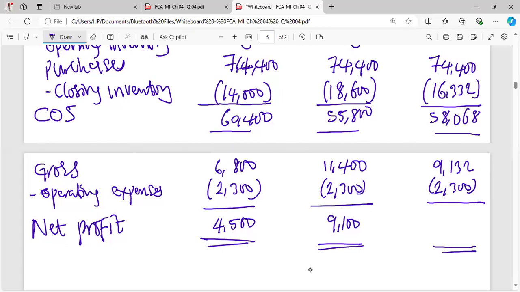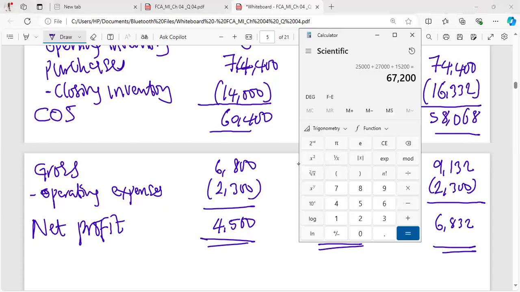This will give us 6,832. Let me verify this last one. 9,132 minus 2,300 is 6,832. That's fine. So this is your net profit.